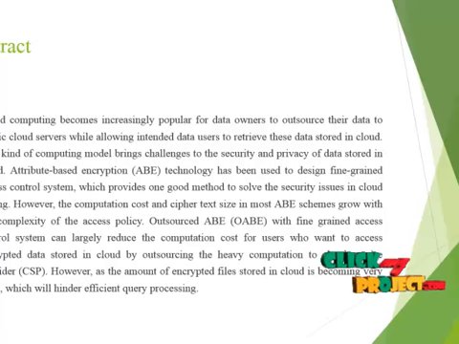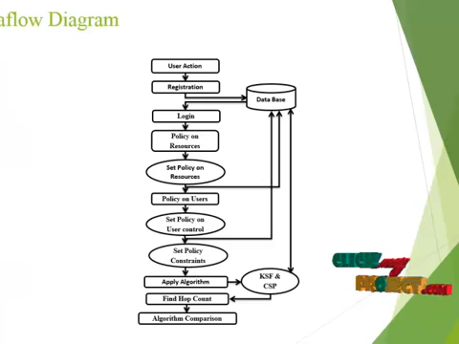Outsourced ABE with fine-grained access control systems can largely reduce the computation cost for users who want to access encrypted data stored in the cloud by outsourcing the heavy computation to cloud service providers. However, as the amount of encrypted files stored in the cloud becomes very huge, this will hinder efficient query processing.